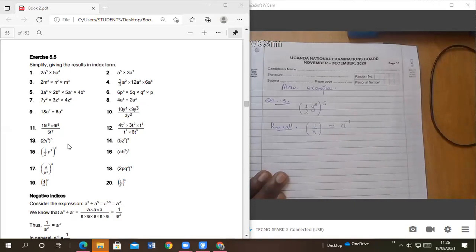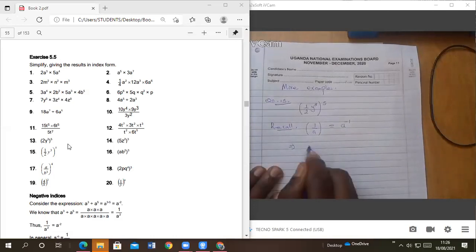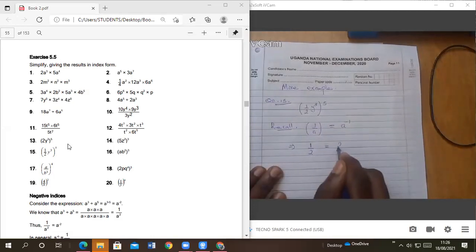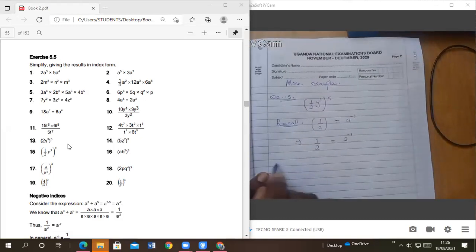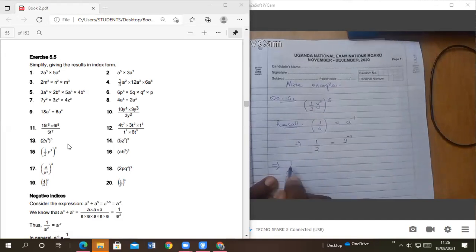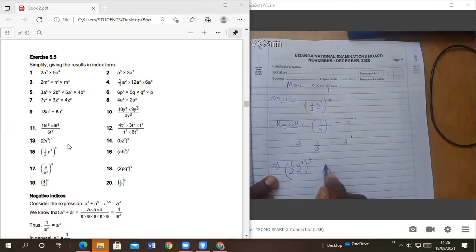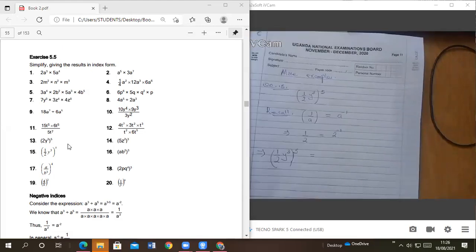So it implies now that 1 out of 2 will be equal to 2 to the power negative 1. If that is true, then I have y to the power 3 raised to the power 5. Now it will become 2 to the power negative 1.